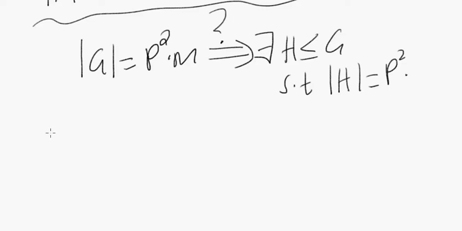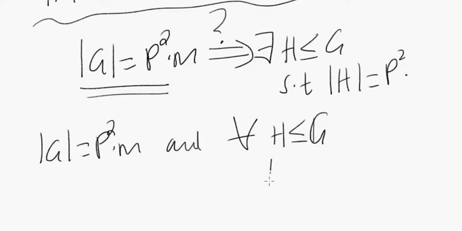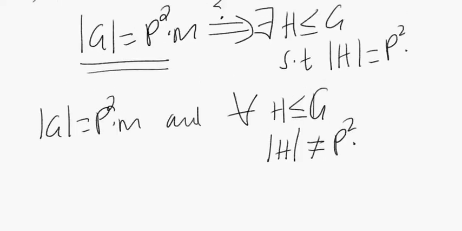The idea was, what if we assume that the order of G equals p squared times m, but the conclusion is not true? That is, suppose that the order of G equals p squared times m, and at the same time, for all subgroups H of G, the order of H does not equal p squared. Can we obtain a contradiction from here?